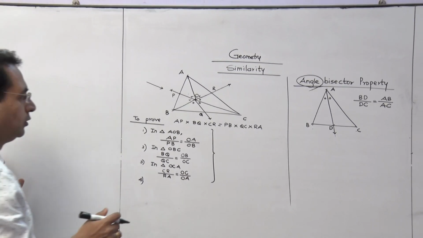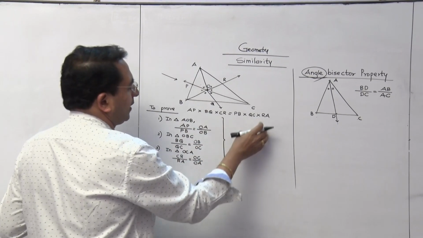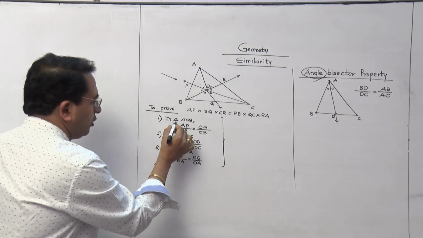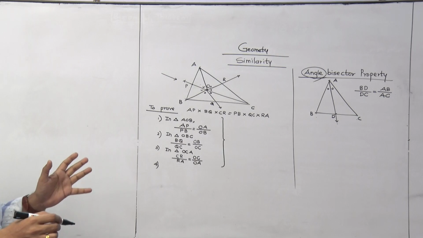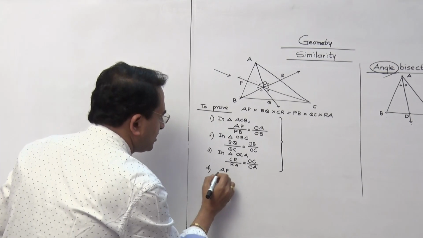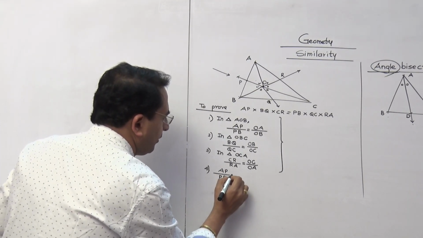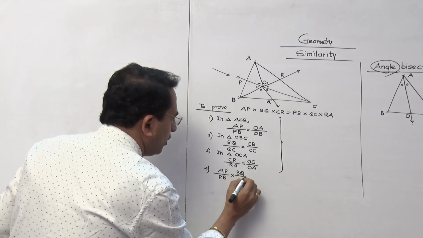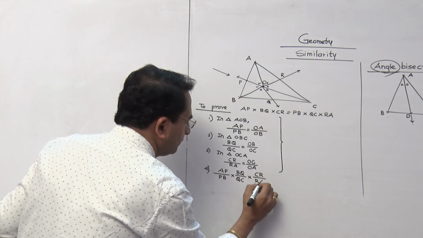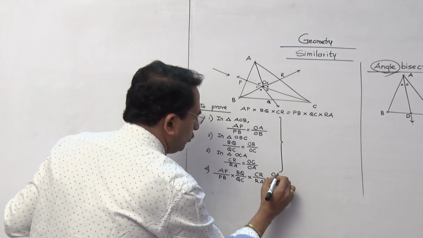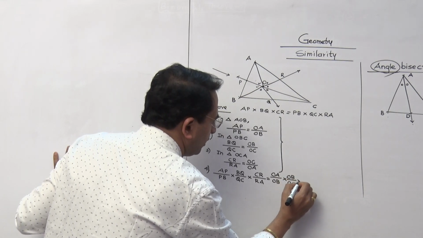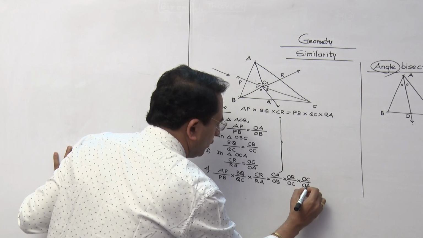You normally know how to add or subtract equations. Here I am multiplying all 3 equations, that is, multiplying the left hand sides: AP upon PB multiplied by BQ upon QC multiplied by CR upon RA is equal to OA upon OB multiplied by OB upon OC multiplied by OC upon OA.